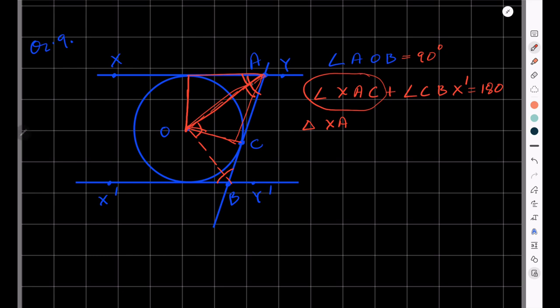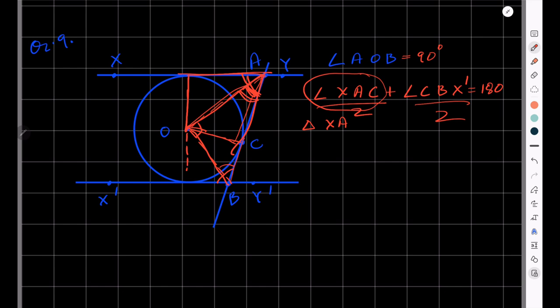So this angle will be how much? This angle will be XAC divided by 2, because it is half of this one. And then similarly, CBX dash divided by 2 will be angle OBC, isn't it? Why?